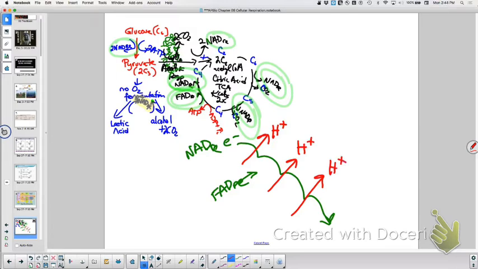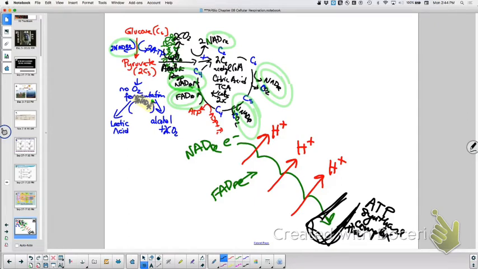Yeah, so that it can come back in through, kind of looks like that. Let me just change it briefly. Sorry. I was trying to make it look like how it did in the book. What is it called? ATP synthase complex.